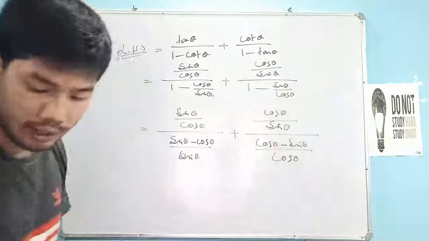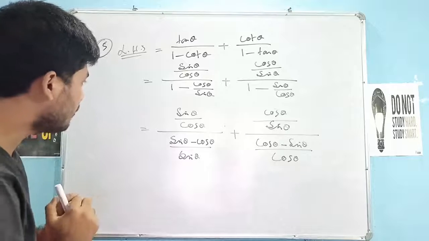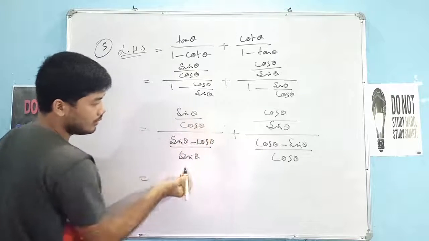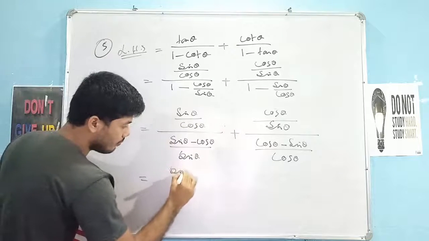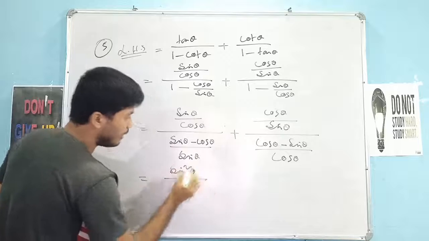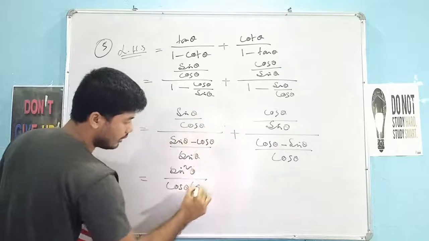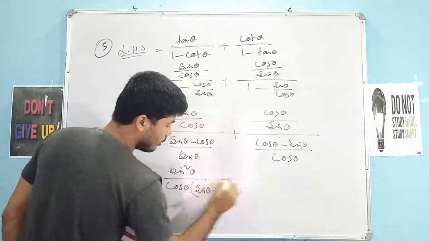Next, let's multiply them. Well, this is sin theta, sin square theta, and cos theta into sin theta minus cos theta. Awesome.